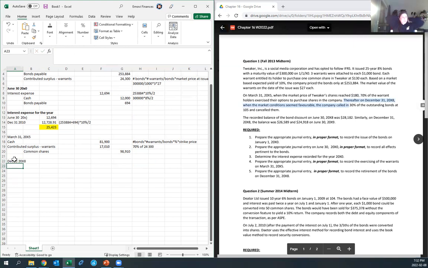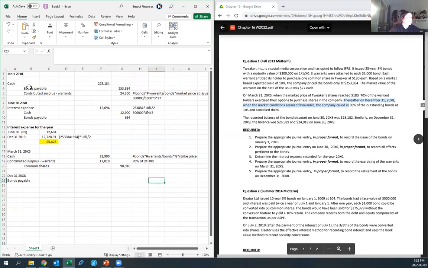So on December 31st, 2018, they retired 30% of the outstanding bonds at 105. So how you account for it, you're going to remove 30% of the book value of your bonds payable. So to find your book value, here, how they accounted for it is instead of doing what I did here, they have another portion, and it's the discount.